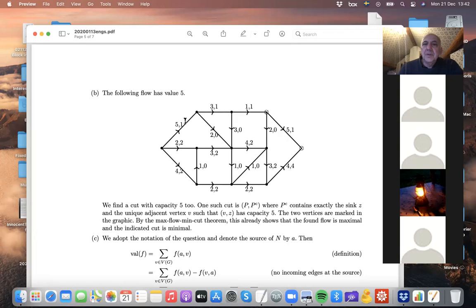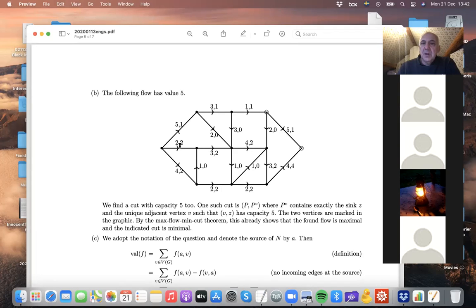And for example, here it goes 1 and it continues 1 this way, and we're not using any flow in this direction. Although the capacity is 2, the flow here is 0. And at each vertex, we see that the incoming flow, for example, comes in 1, goes out 1. Here it comes out 0. Okay, and so we can check that the balancing condition is satisfied at each vertex.